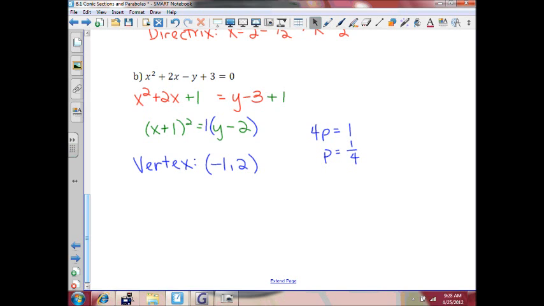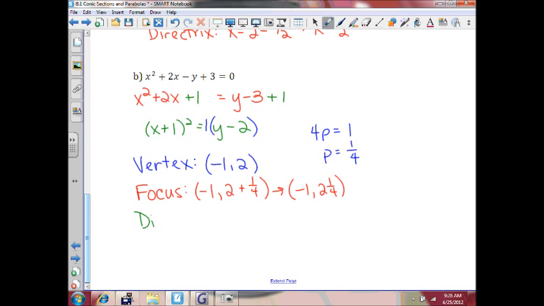Now again, going back to your chart, you should see, because it's x squared, your focus is going to be h, k plus p. So negative 1 and 2 and 1/4. 2 and 1/4, you could also write that as 9/4.